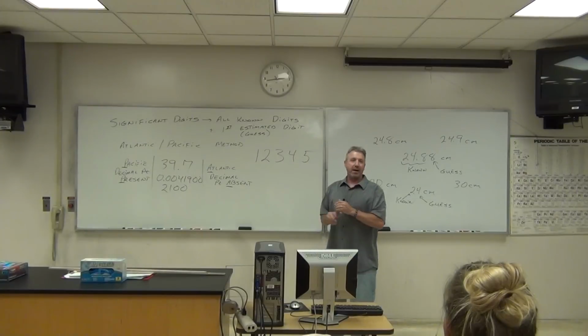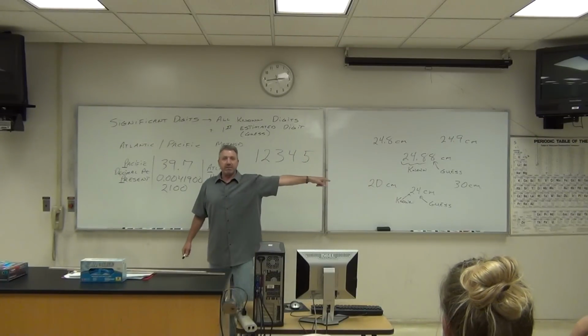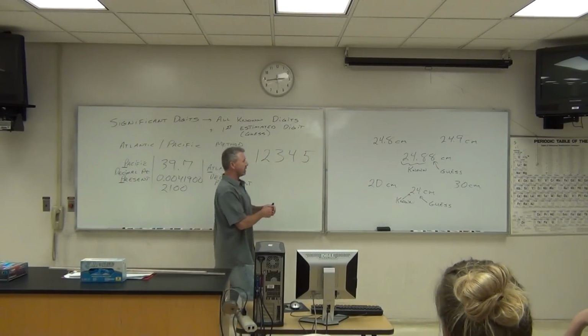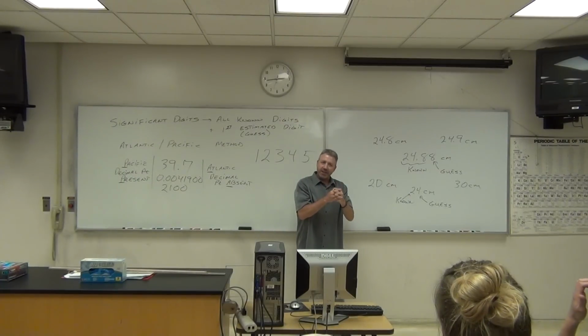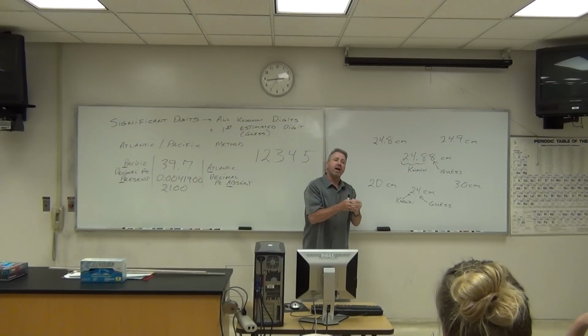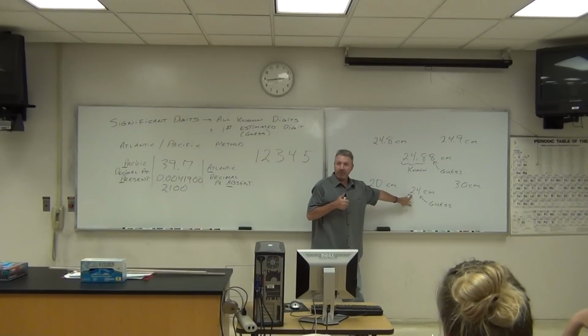All right? Now, if we look at our earlier examples where we took our measurements, if we were to look at both of these measurements, what digit are we the most confident in? Which one are we the most confident with? The 2, the 20, right?